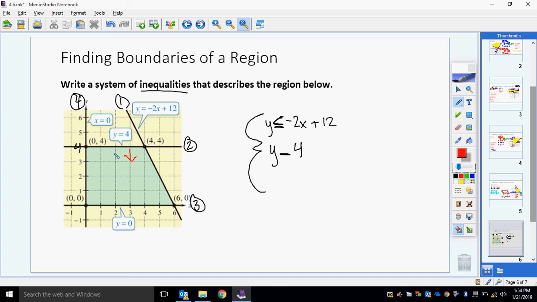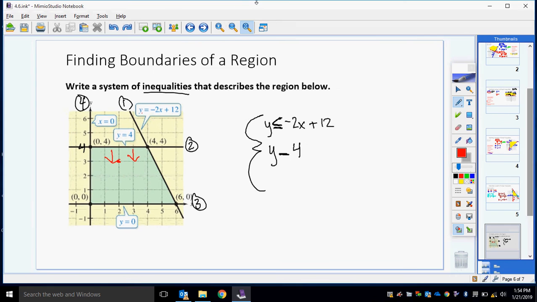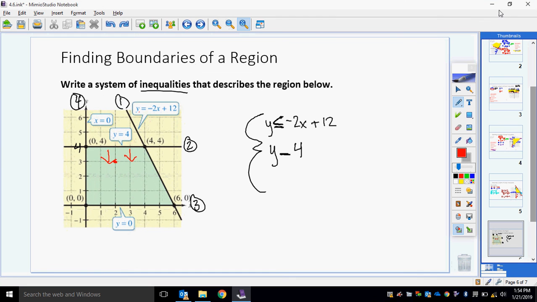We are shading in blue below this line. So this y value would be like a 3, and this y value up here would be a 5. Well, we're shading in the numbers less than 4. We're shading in the 3, not the 5. So that would be the y is less than or equal to 4 symbol, because we shaded the 3.